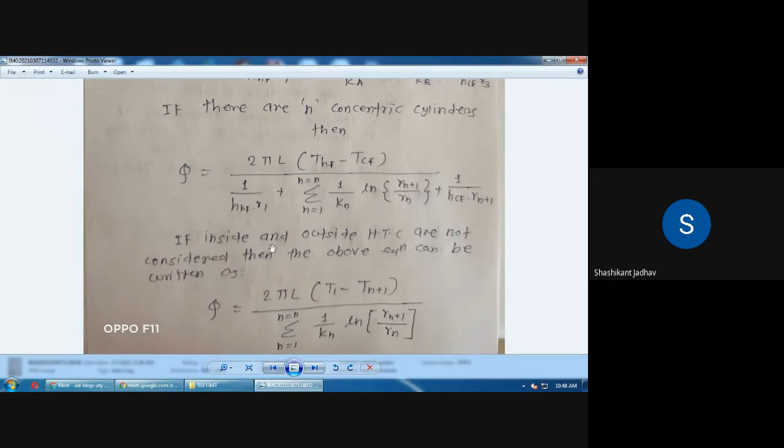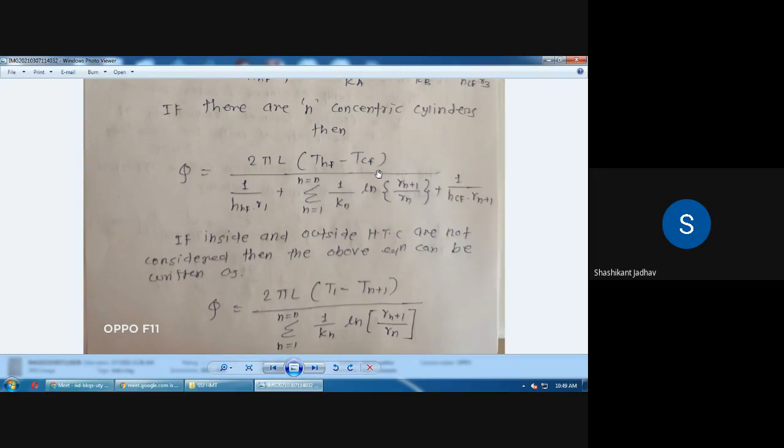If inside and outside heat transfer coefficients are not considered, then the above equation can be written as, Q is equal to what? 2 pi L. Now here THF and TCF, the temperature difference, was of what? It was of hot fluid and cold fluid. But now inside we have not considered hot fluid, and at the surrounding no cold fluid. Then what will the temperature range be? T1 minus, and the last layer will be Tn plus 1. If there are 3 layers, then 4 temperatures, T4 is there.